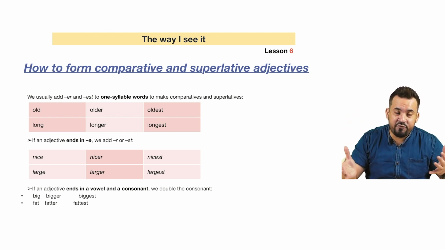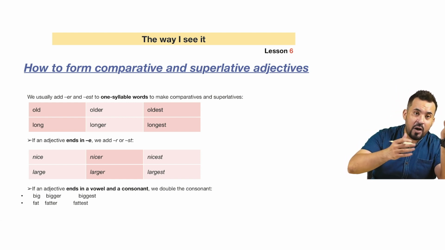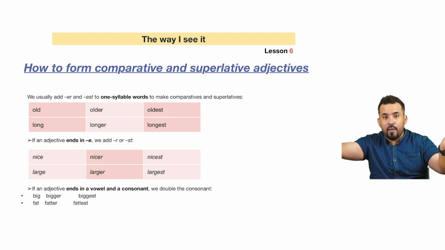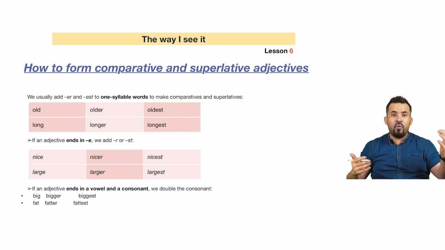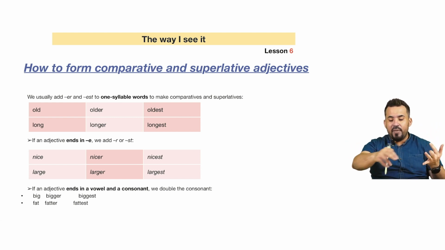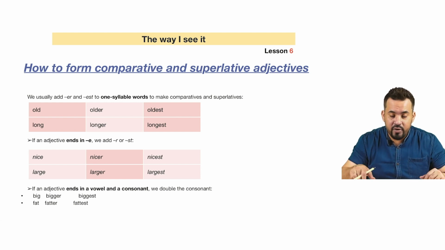So this rule is fixed. When the second-to-last letter is a vowel and the last letter is a consonant, we double the last letter, whether we're making a past form or a comparative form of the word.